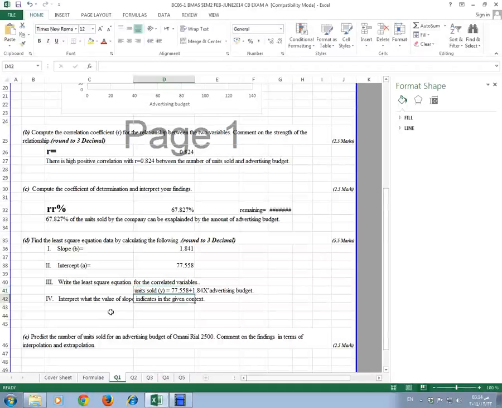Interpret the slope, that means explain what is meant by this value.